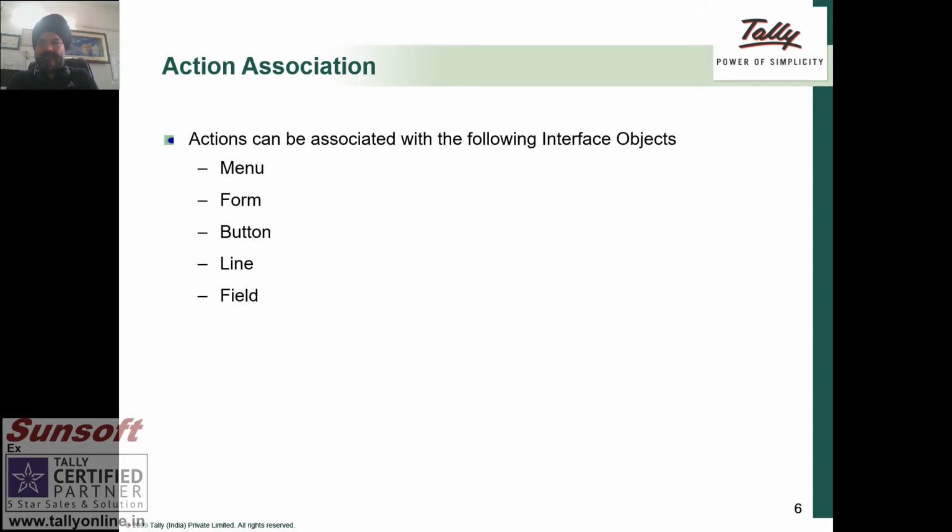Whenever that button is defined on that form, it is associated with the part also, line also, and field also. So at any stage, if that button key is pressed, that action is performed.